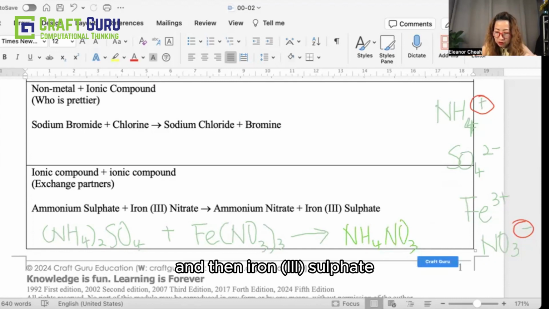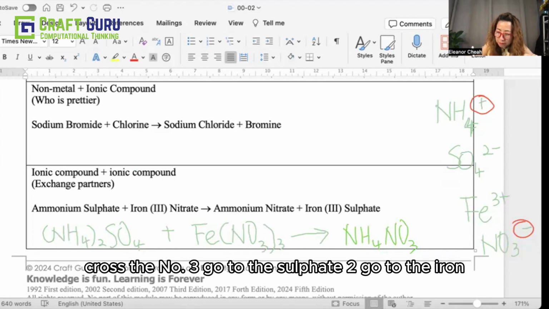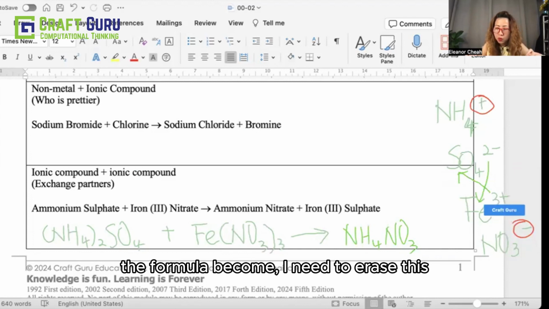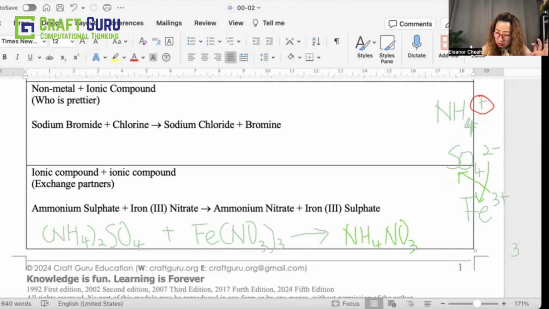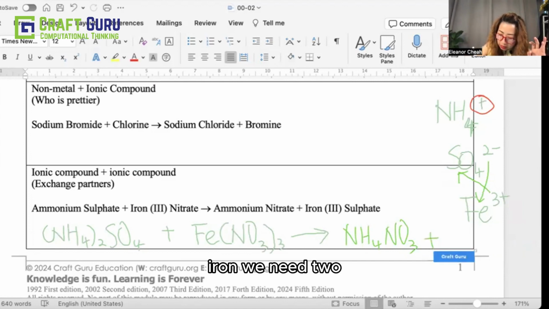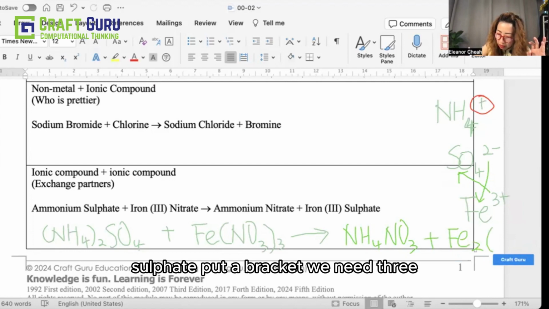And then iron 3 sulfate, cross the number, 3 go to the sulfate, 2 go to the iron, so the formula become, I need to erase this here, plus iron, we need 2, sulfate, put a bracket, we need 3.